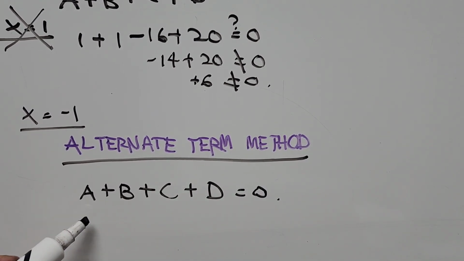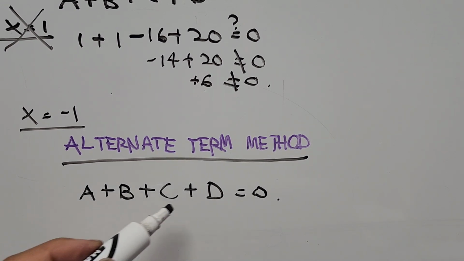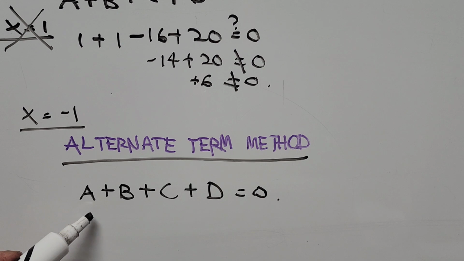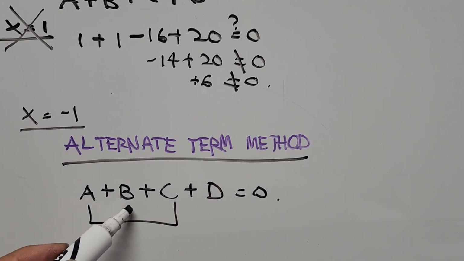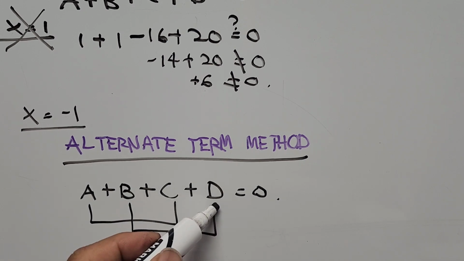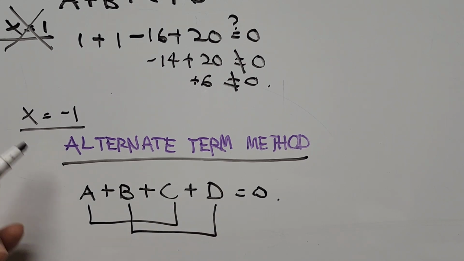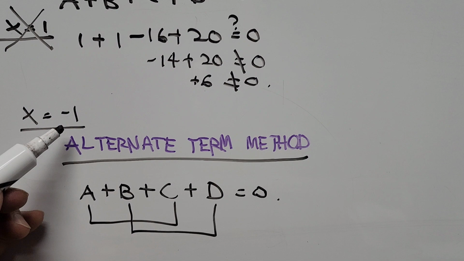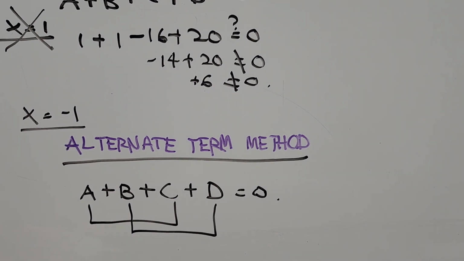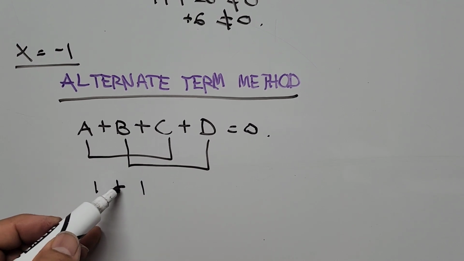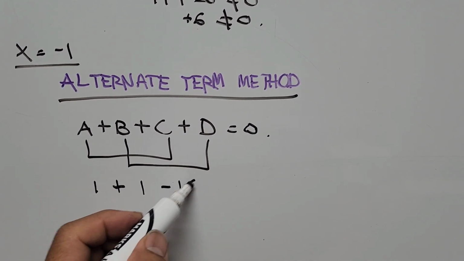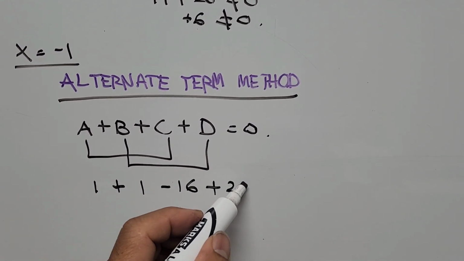So we have here the first term coefficient is a, second is b, third is c, fourth is d. If the sum of a and c is equal to the sum of b and d, then x equals negative 1 will be one of the solutions. From our cubic equation, we have a is 1, and b is 1, and c is negative 16, and d is 20, positive.